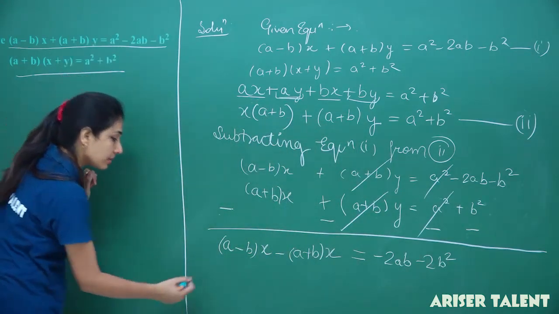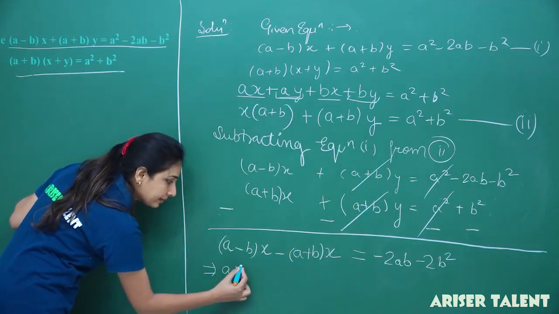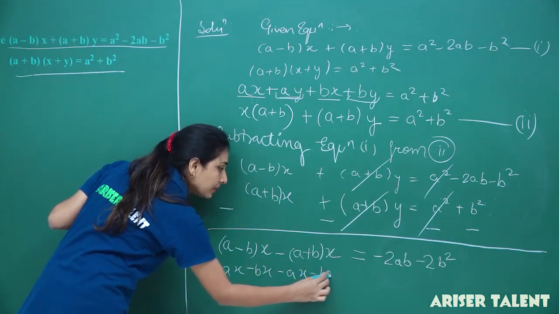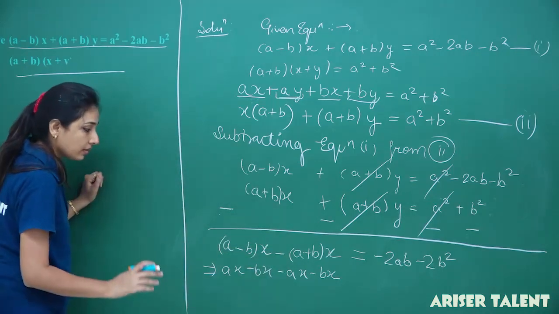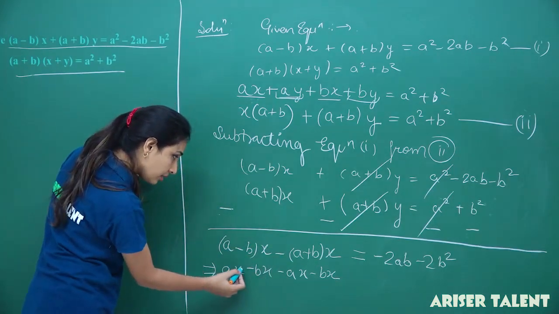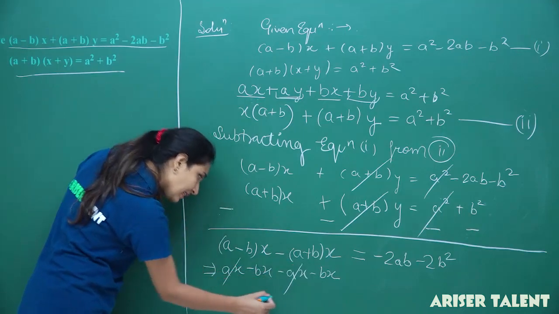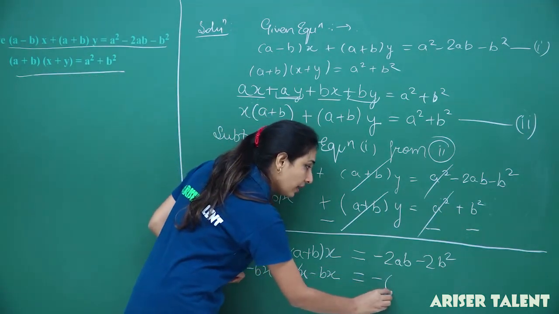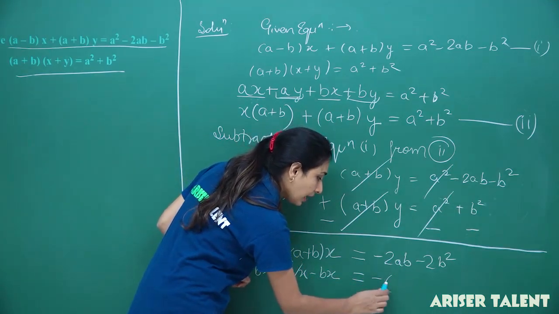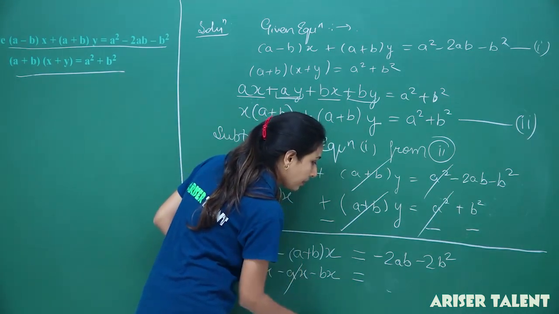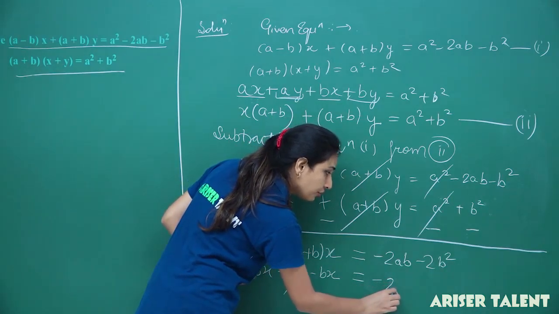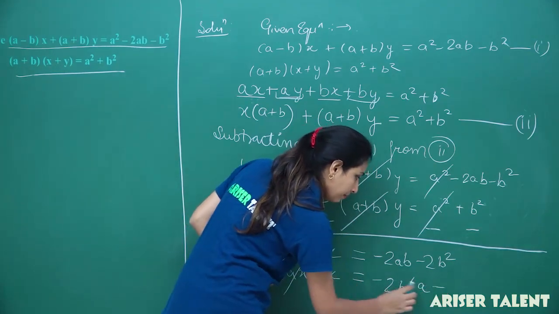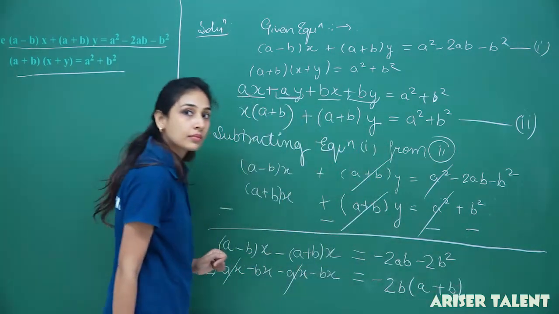Now can I solve this? Okay, sure. ax minus bx minus ax minus bx. I have just opened this. So I can see that ax will be cut with minus ax here. Equals minus, I can take b common and 2 common, minus 2b, that will be (a plus b). Okay.